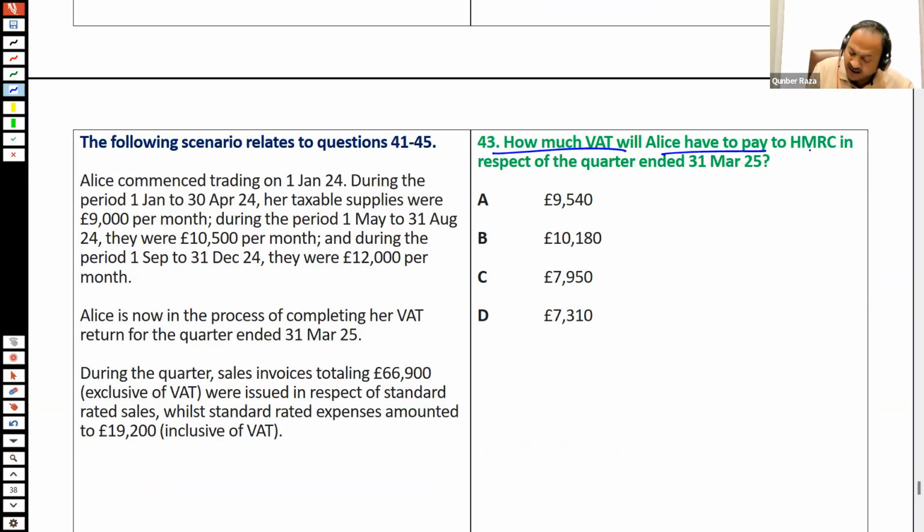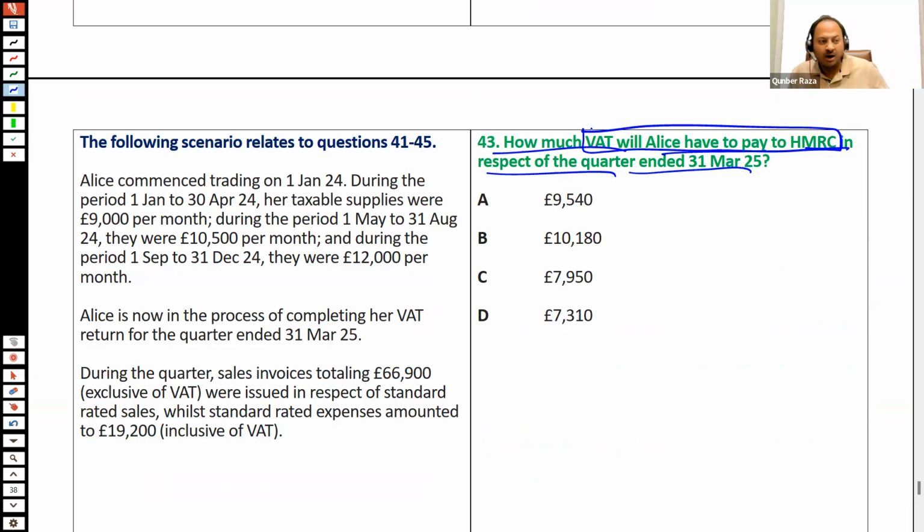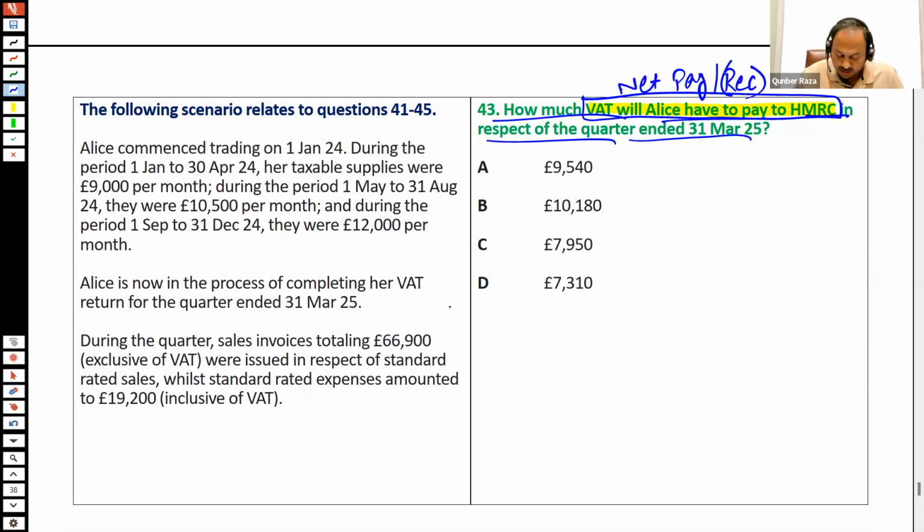How much VAT Alice will have to pay HMRC for the quarter ended 31st March 25? It means we are talking about output VAT, input VAT, or net VAT. We are talking about net payable or receivable, whatever is the final answer. We are not talking about any gross.